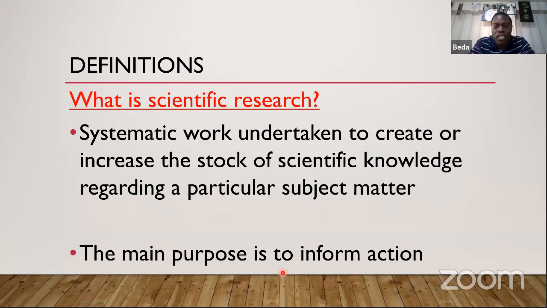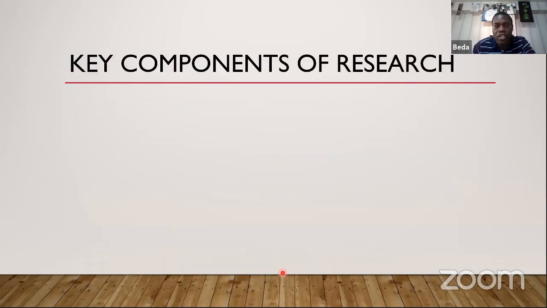So you want to see some outcomes. If this drug B or drug A that you've come up with seems to give a better outcome for people suffering from malaria, then you can propose that to the public. Then it informs the new direction of action in terms of management of malaria. So usually the main purpose is to inform direction of action.